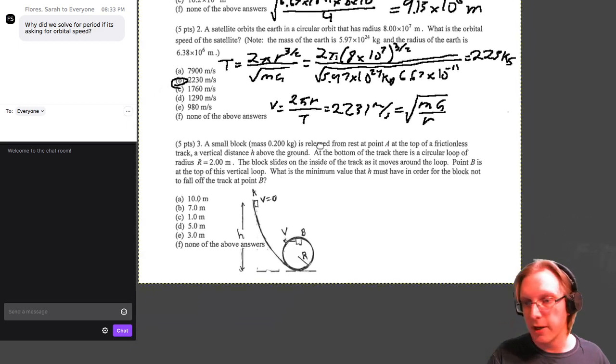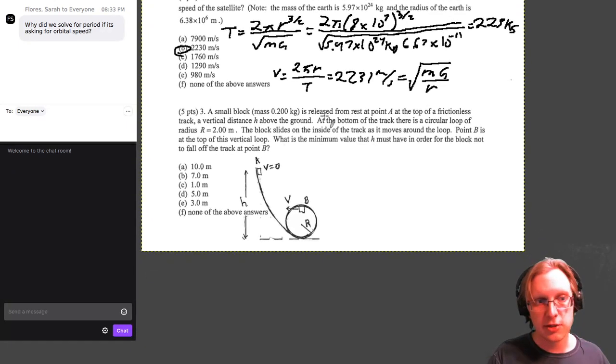Alright, let's see if I can move that up a little more into the center of my screen here. Alright, so we're going around in a circle. So we have force centripetal. We have gravity pulling down. And that's it.